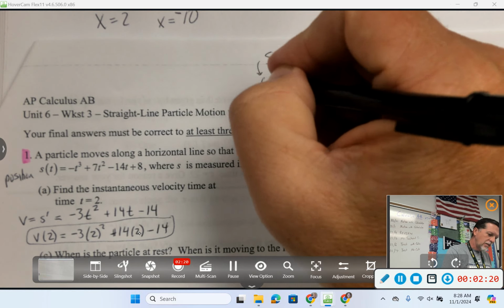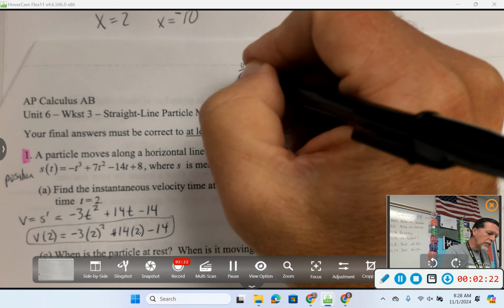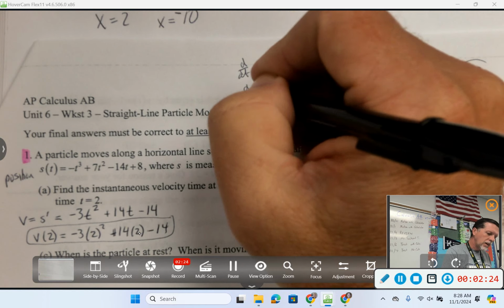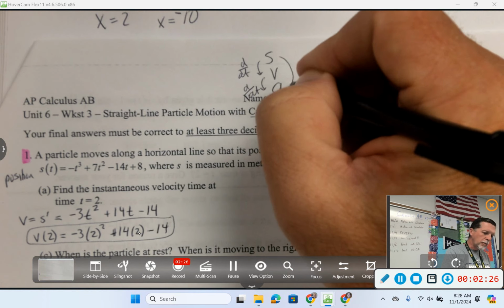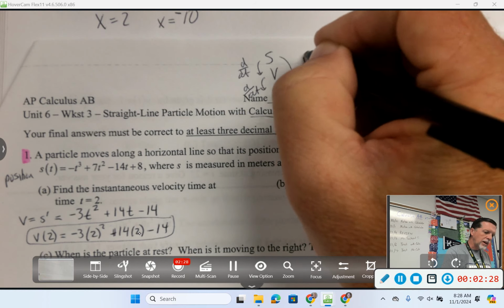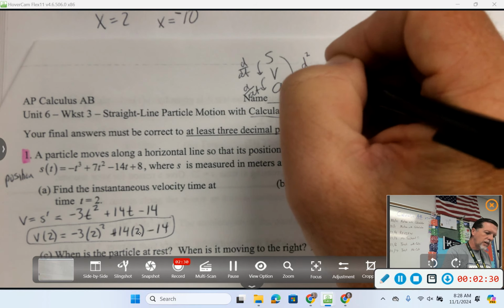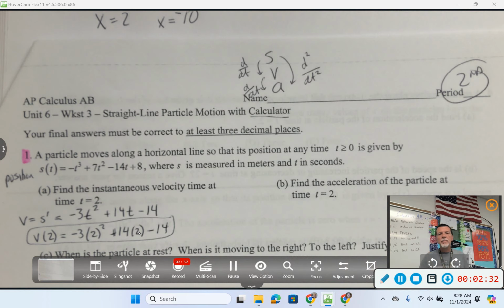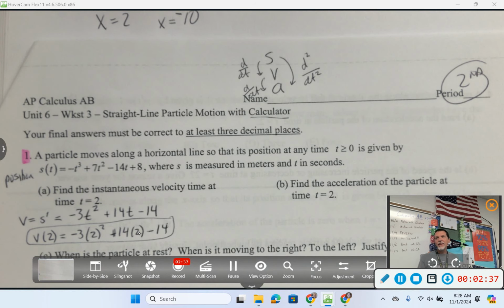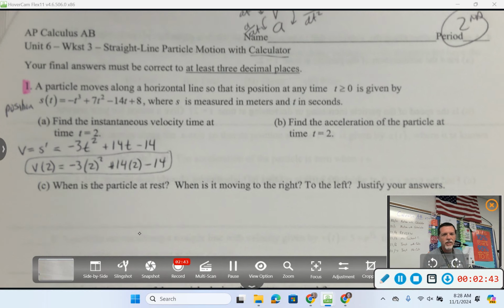One derivative moves me one step. If I want to go all the way from position to acceleration, that would be a second derivative. That's kind of the whole lesson of the last couple days. Start at position, take a derivative, get velocity, take a derivative, get acceleration.